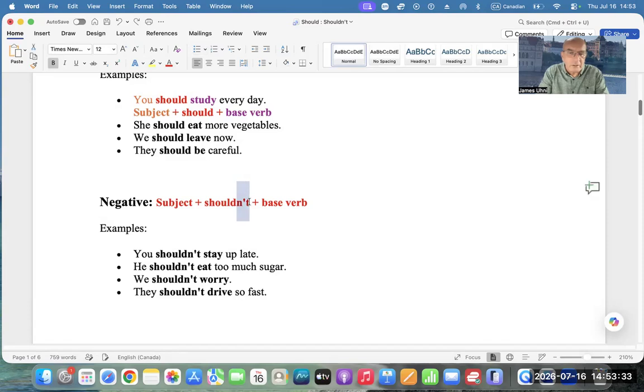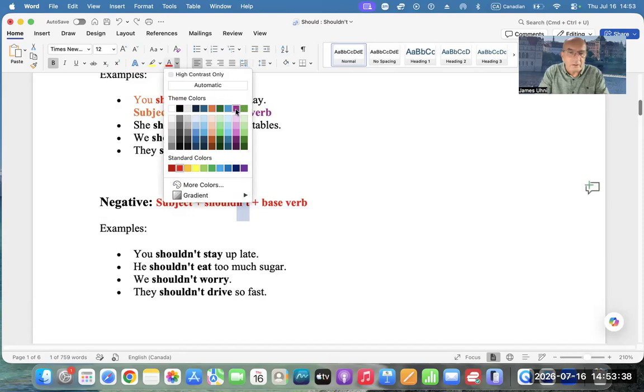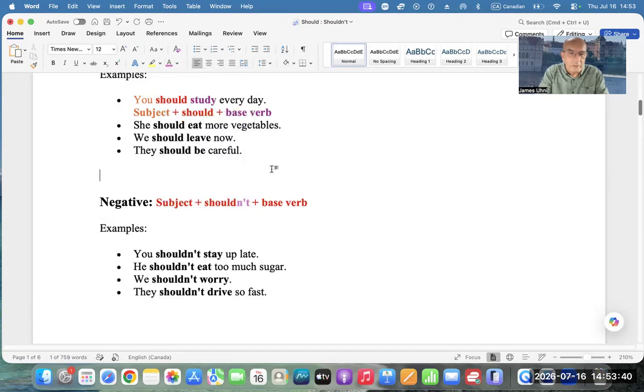So there is this n't, which I will mark in pink so everybody sees it, shouldn't. That's the only thing that is different.